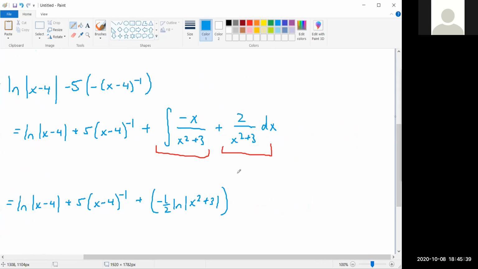So I can pull out the 2 in the numerator, and then I can take the integral of 1 over x squared plus 3.